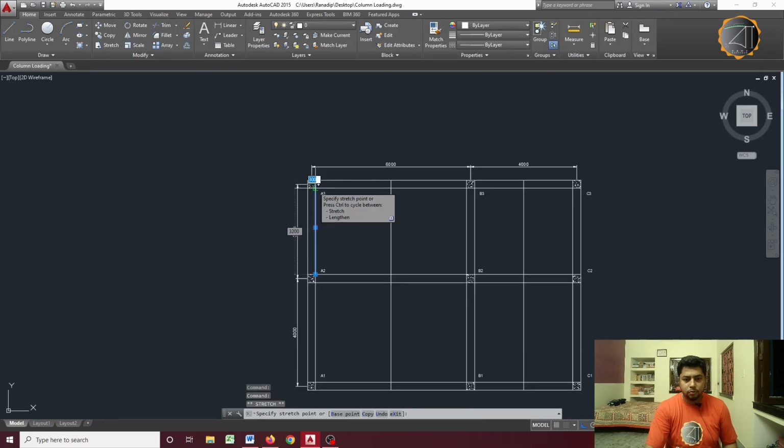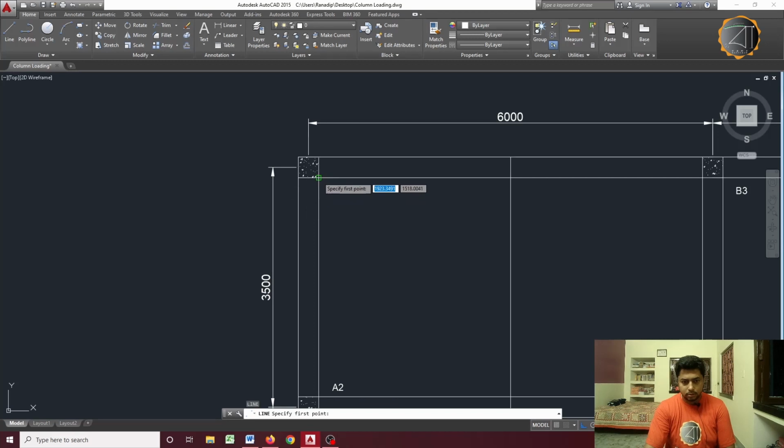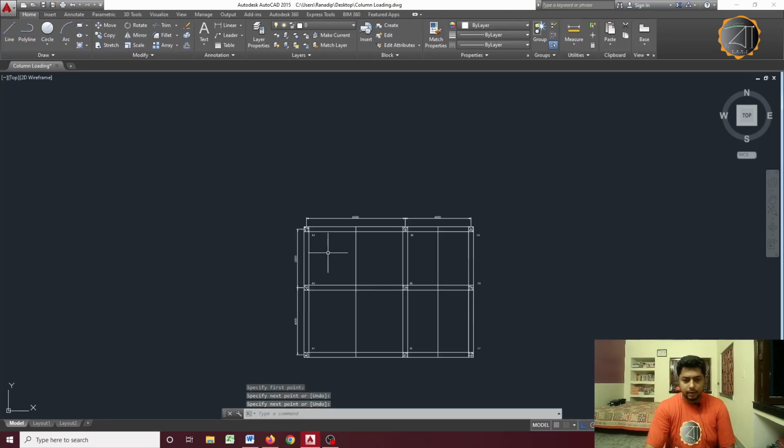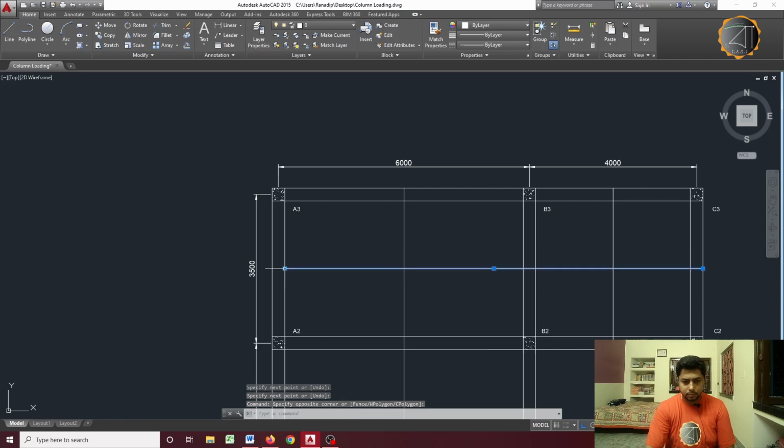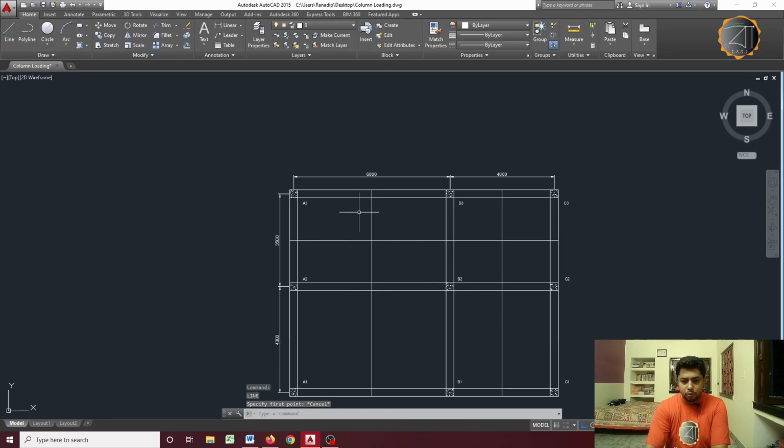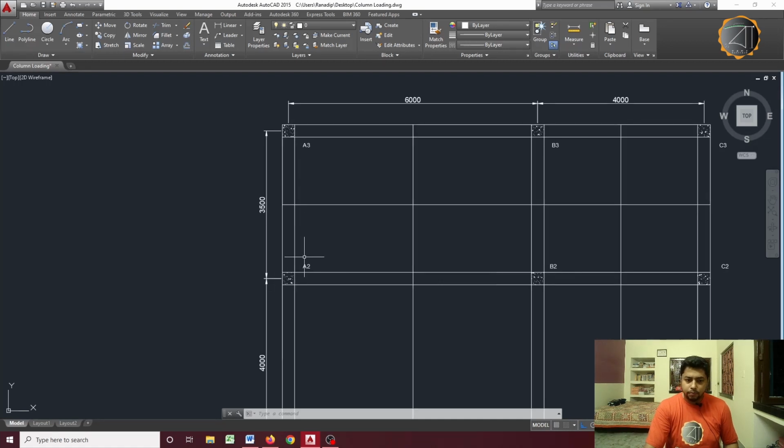Similarly, we have to draw a line from the middle of this part, that is a line between A3 and A2. So, we have divided the portion between the top row of columns and the middle row of columns in half. It will be 1.75 meter from the center.